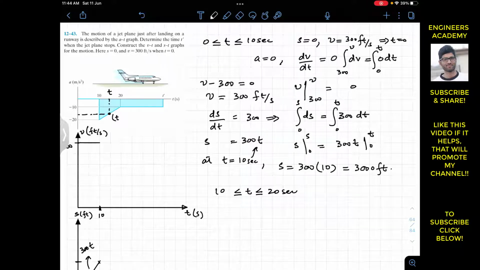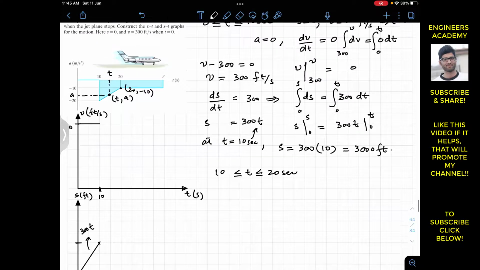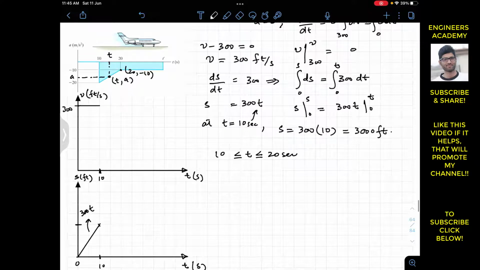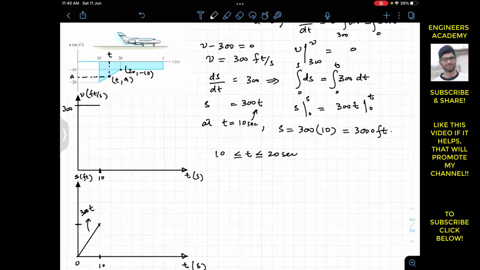So this is t and acceleration, this is acceleration somewhere, and the coordinates of this point is t equals 20, and the acceleration is minus 10. So now we need to apply the slope, right? So the slope is m, which is equal to change in y divided by change in x.